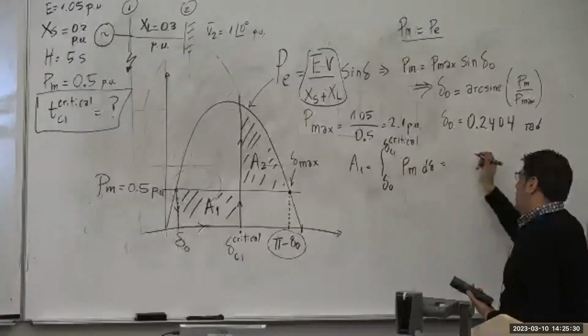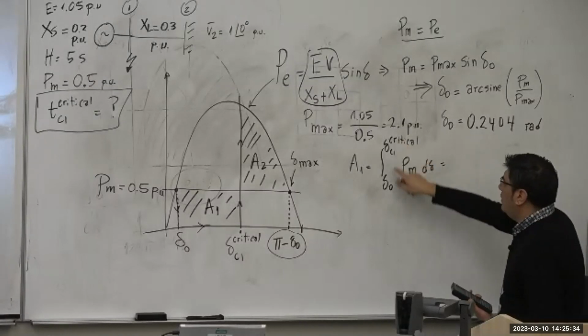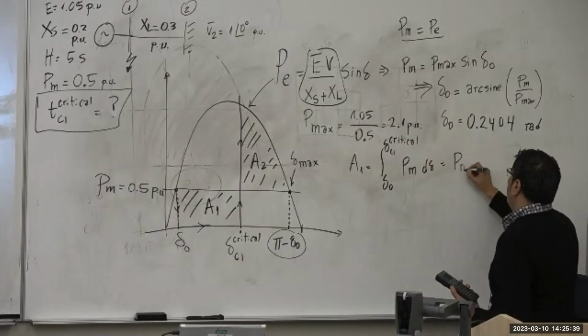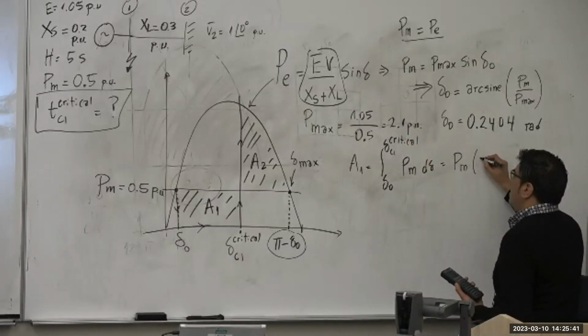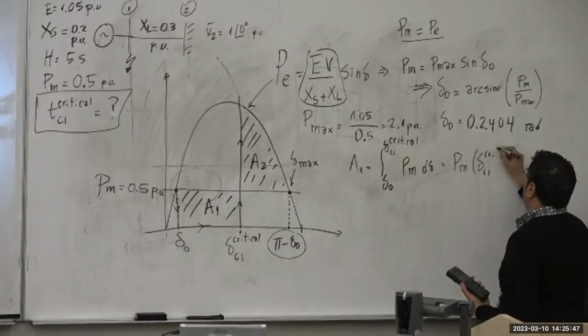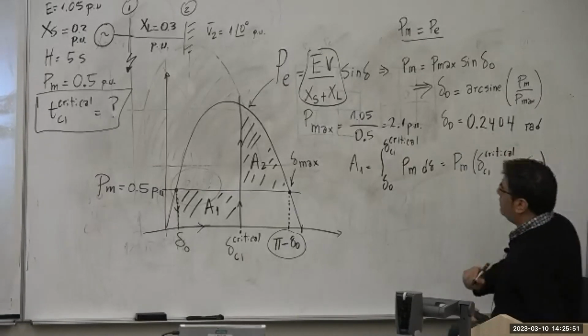So the solution for this is PM delta evaluated on these limits. So basically, this area 1 is PM multiplied by the difference of the critical clearing angle minus delta 0. That's the first area.